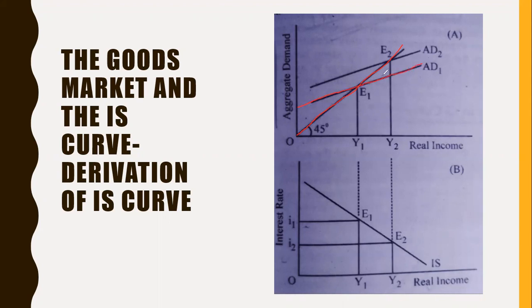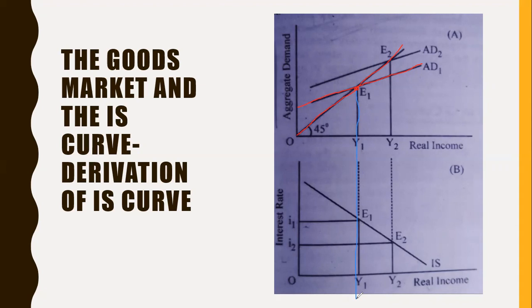This will give equilibrium point E1. Accordingly, we get equilibrium income Y1. This same income I have shown in the lower panel.